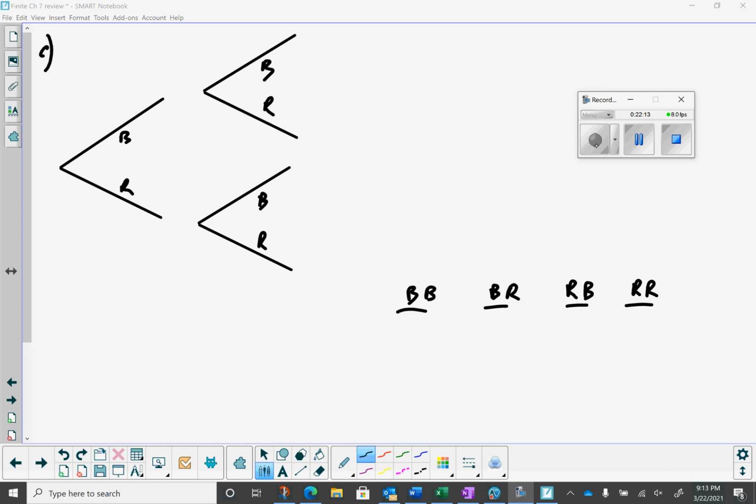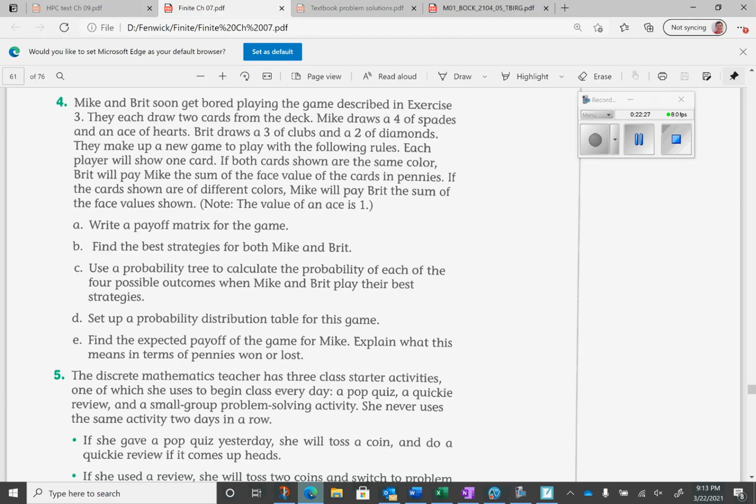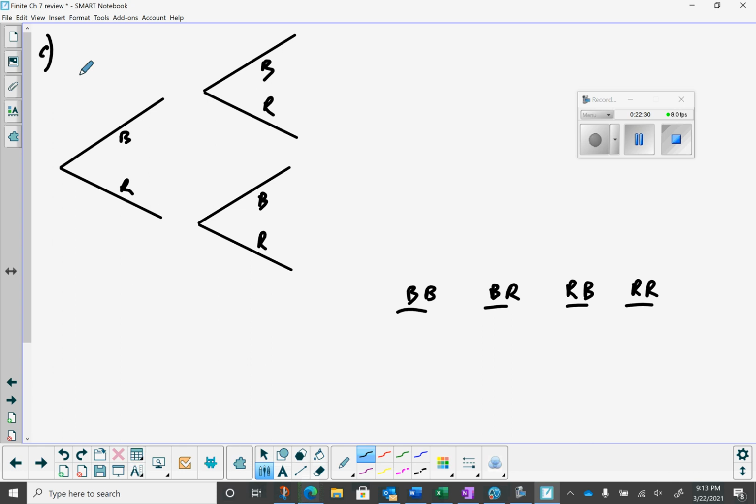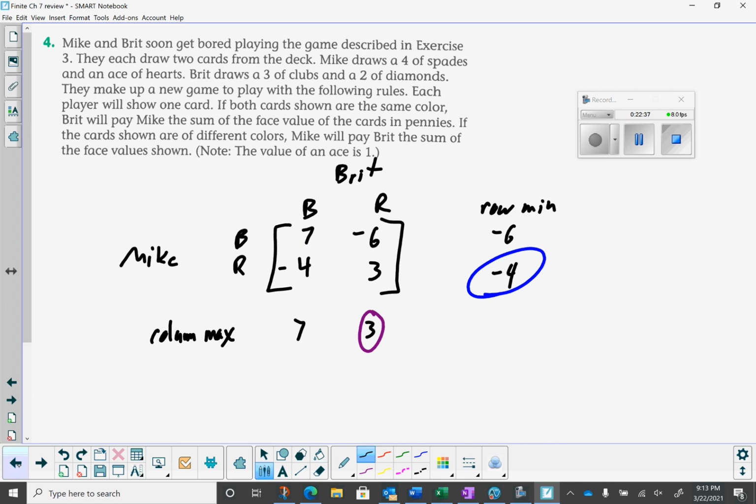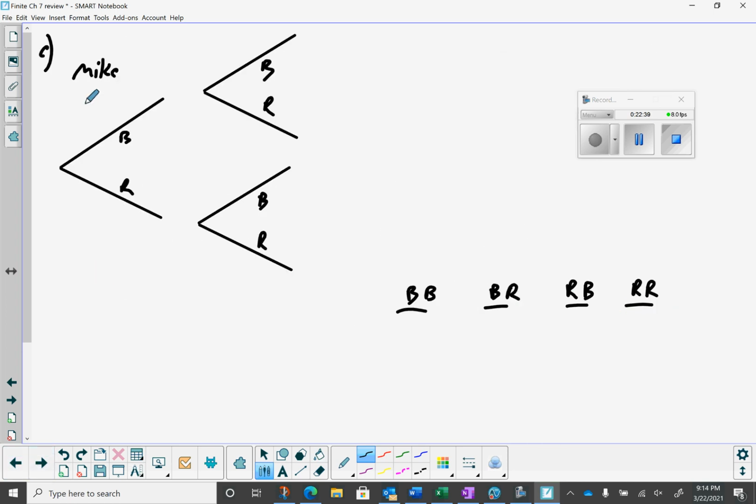So for part C, it asked you to come up with a probability tree to find the probability of the 4 different outcomes. And again, if we're going for Mike first, black is 7 out of 20. Red is 13 out of 20.